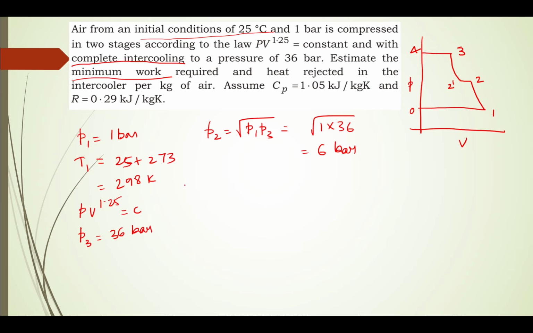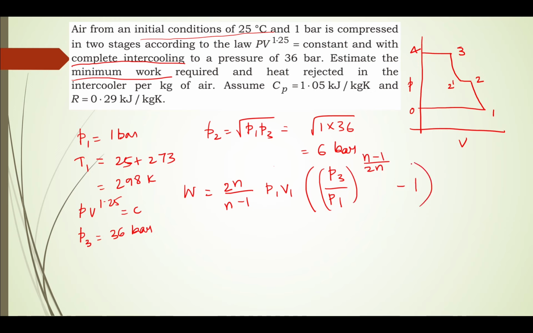The minimum work formula is W is equal to n by n minus 1 P1 V1 multiplied by (P3 by P1) whole power (n minus 1) by 2n. Here n is known, n is equal to 1.25.